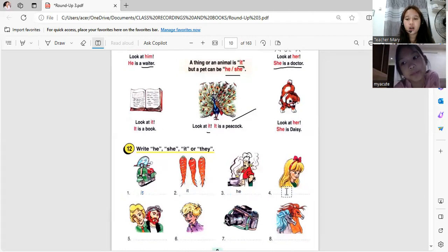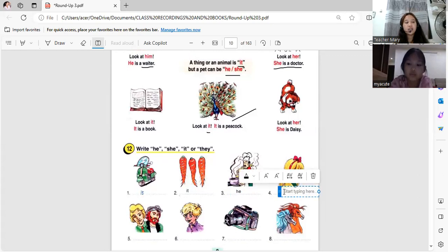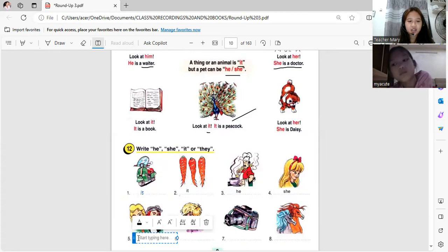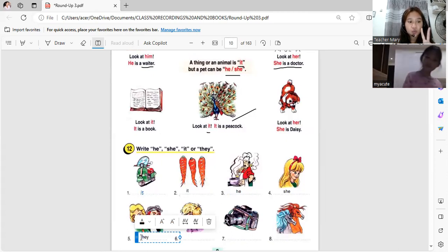So number four, is it he, she, it, or they? Yes, very good. It's she. And for number five, there are two men. What will you use? He, she, it, or they? Very good. They, since they are two.